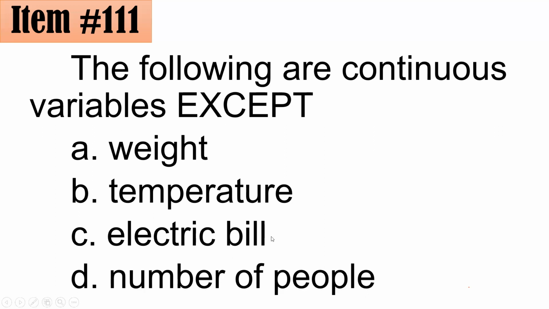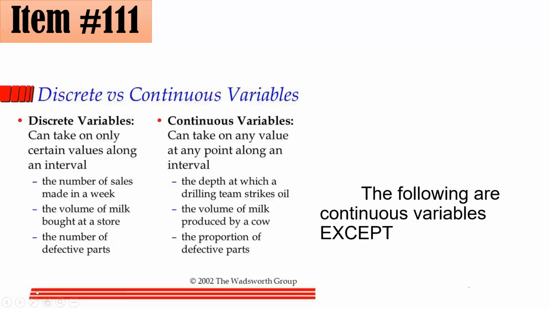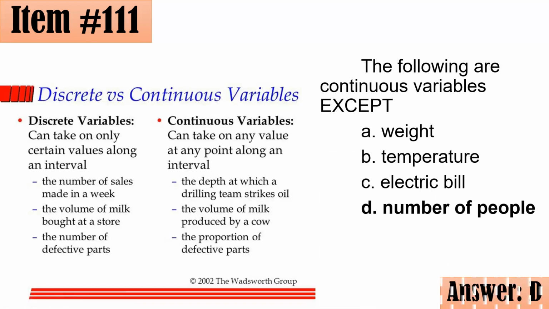Electric bill is also continuous considering you have a meter for that. But number of people is actually discrete. Letter D po yung ating tamang sagot. Kasi kapag binibilang siya, discrete. Pero kapag minimeasure siya, continuous. So letter D po. Sa lahat ng sumagot ng D, wow, correct po kayo.